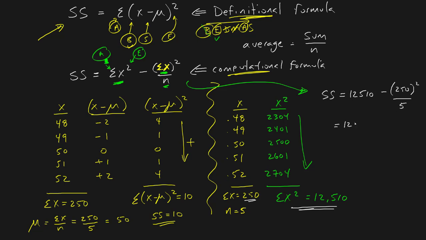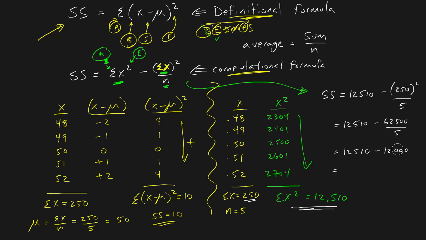So let's do the fraction first. This is 250 squared, which is 62,500, and we're going to divide that by 5, and so this ends up being 12,510 minus this fraction. When you work this out, it comes out to be 12,500.